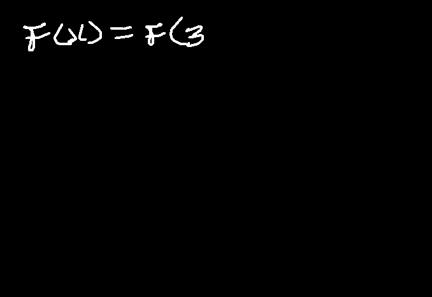Let's say we have f of x, and which is given as f of 3, and f of 4, like that. And now we have, let's say, another F of x, like this.